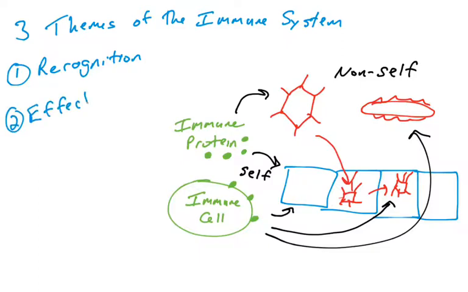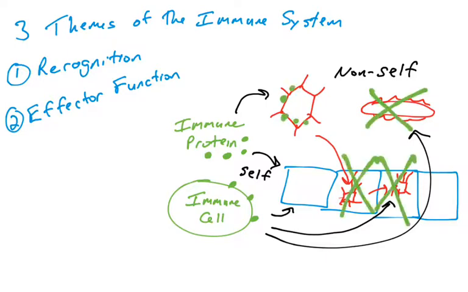The second theme is the effector function. So once the immune system has recognized a pathogen, it's going to help remove that pathogen from the body. So that can either involve killing the pathogen by poking holes in it, or allowing it to be phagocytosed, clearing it from the body, flushing it out of the lungs or into the mucus.